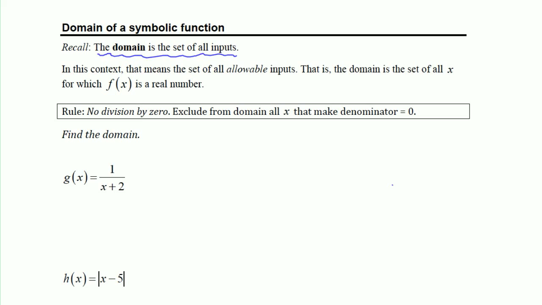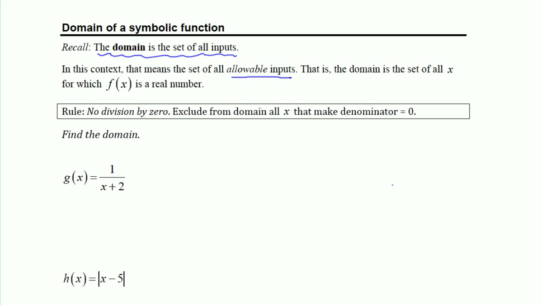What we're going to interpret that domain as now is the set of all allowable inputs. That means, imagine that we start with the whole set of real numbers and we only take out the ones that are going to give us some sort of error in our computation. So division by 0 is the primary source of computation error that we're going to be looking for at this stage.